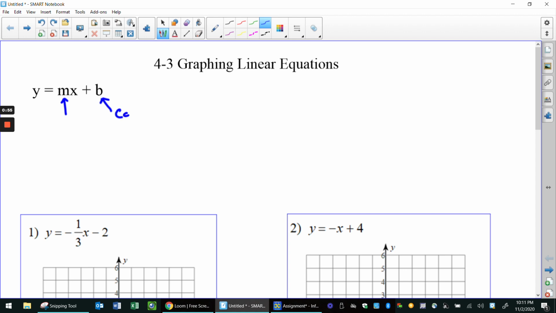So this is always a constant. And the slope will be the number that's being multiplied by x. So those are two important things to recognize about the slope and the y-intercept.